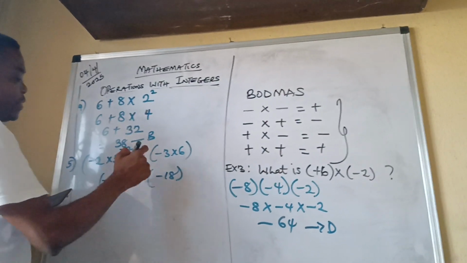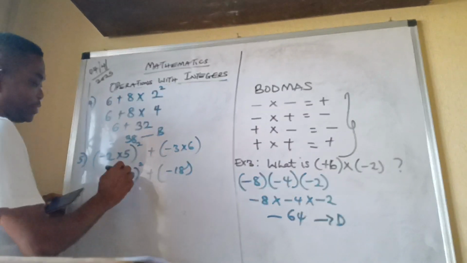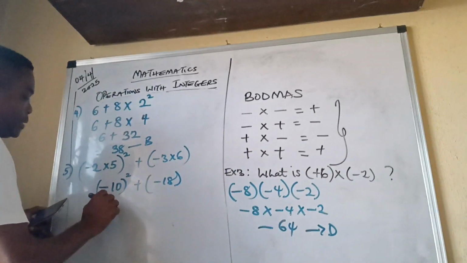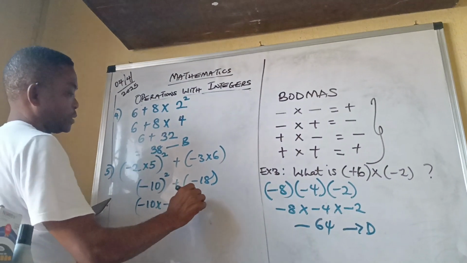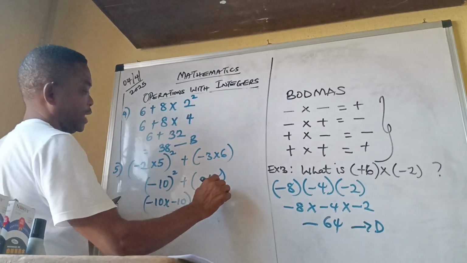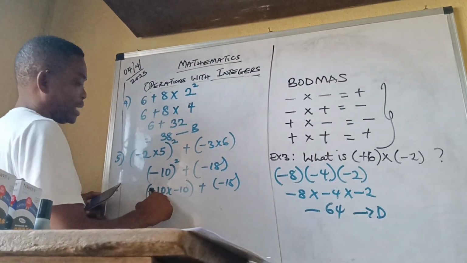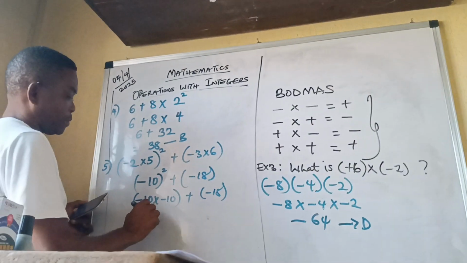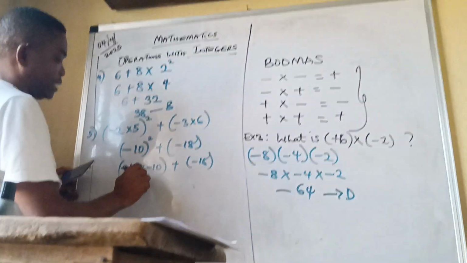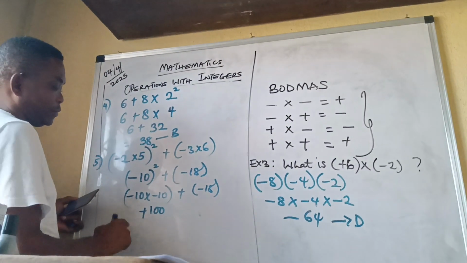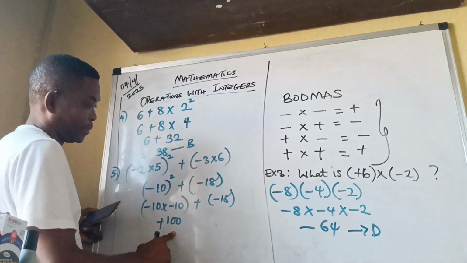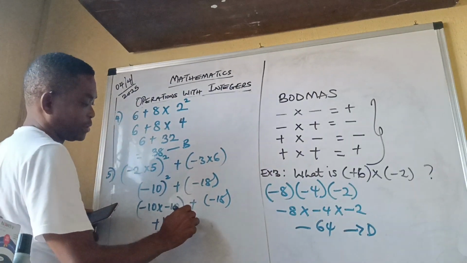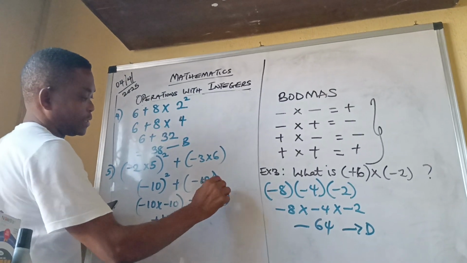So we need to square this. The breakdown of this is minus 10 times minus 10 plus minus 18. Minus times minus is plus. 10 times 10 is 100. So that means minus 10 times minus 10 will give me plus 100. Then plus times minus is minus, and we have 18 here.